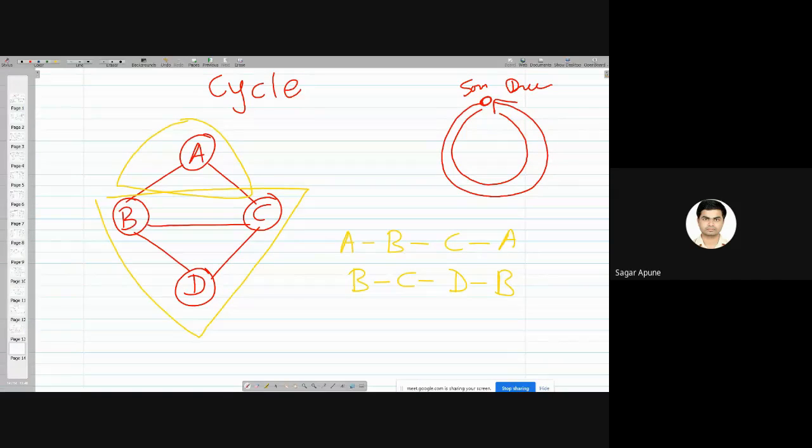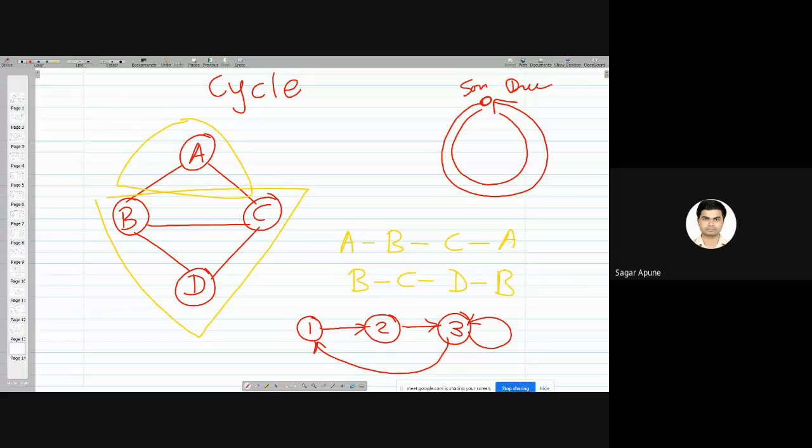Next, what about a loop? A loop is also called one cycle. Suppose my graph is like this, so here I draw one small graph: 1, 2, 3, and 3 to 3. This is a directed graph, and 3 has a cycle again.